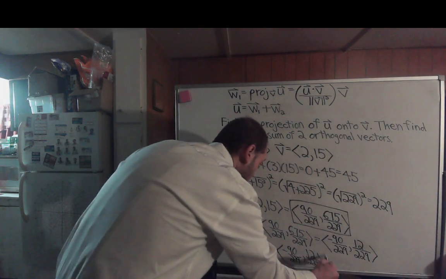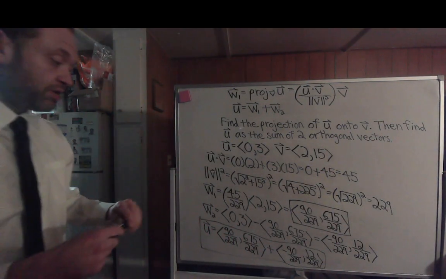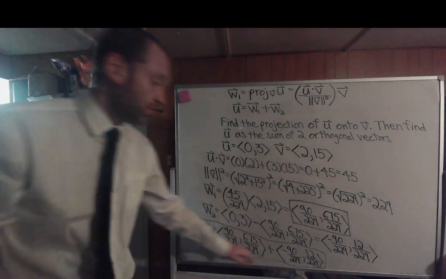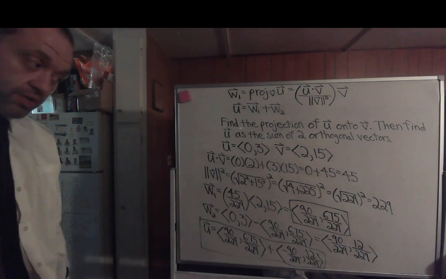So all that work to get those two vector components for vector U, which are both orthogonal to each other, but you have the sum of two orthogonal vectors, which are equal to vector U.